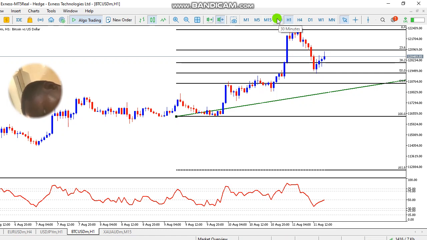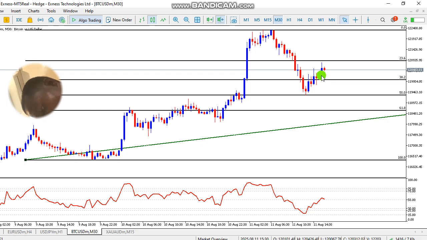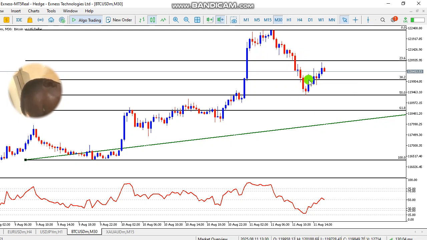If you change the time frame to even 30 minutes, you can see clearly that when the market retraces to the 50% Fibonacci level, the market starts surging or moving impulsively to the upside. So this is how we use the Fibonacci retracement level to make our decision. After the market retraces, you confirm by checking the candlestick pattern that is formed.